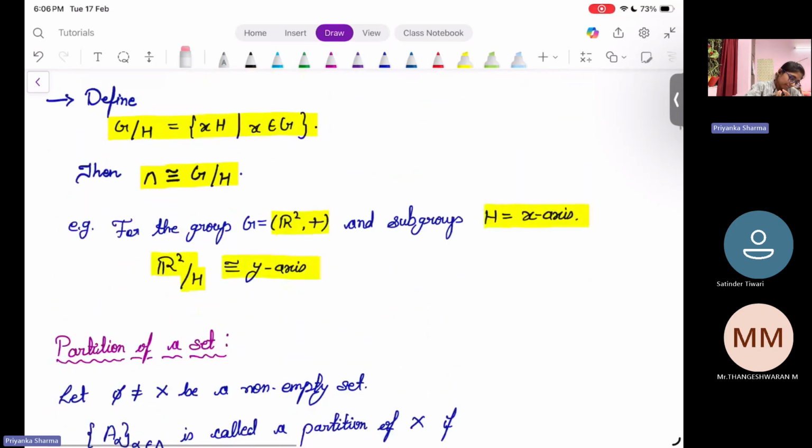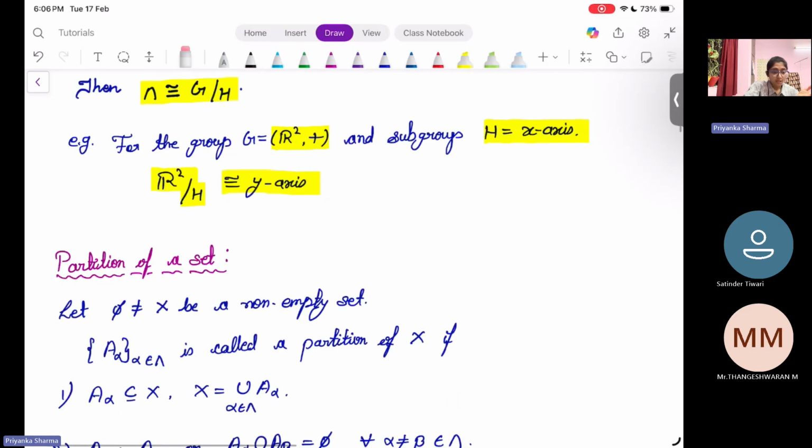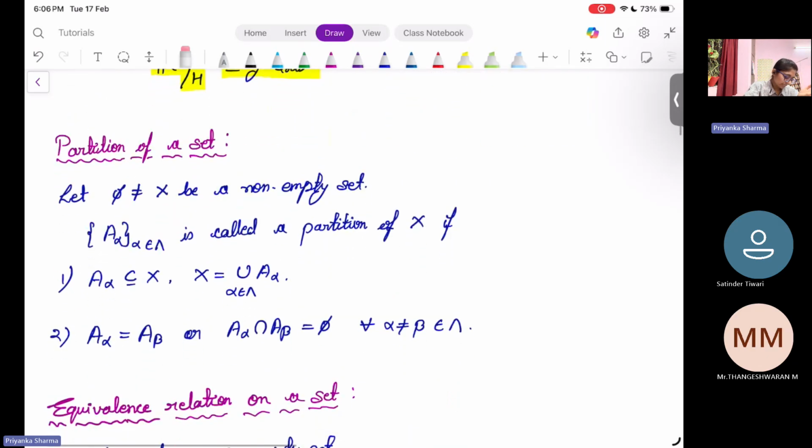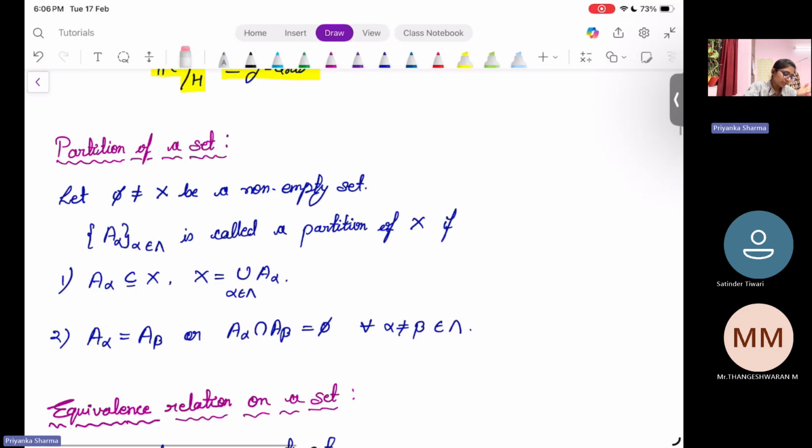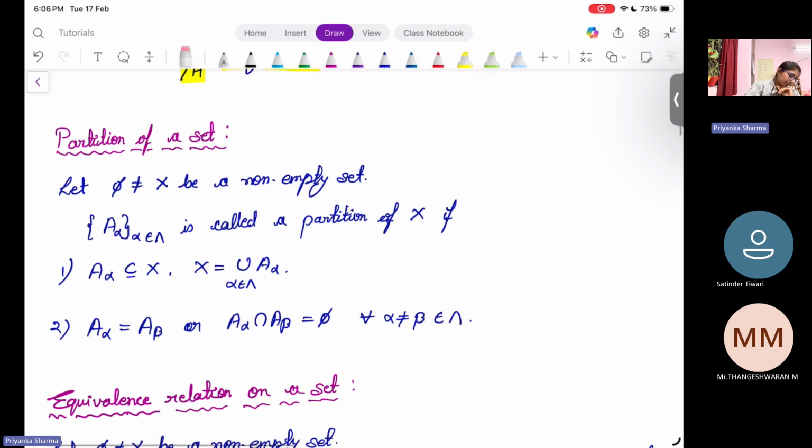Now, this idea generates the concept of a partition of a set. When we have a non-empty set, we can define a partition for it. Suppose X is a non-empty set.